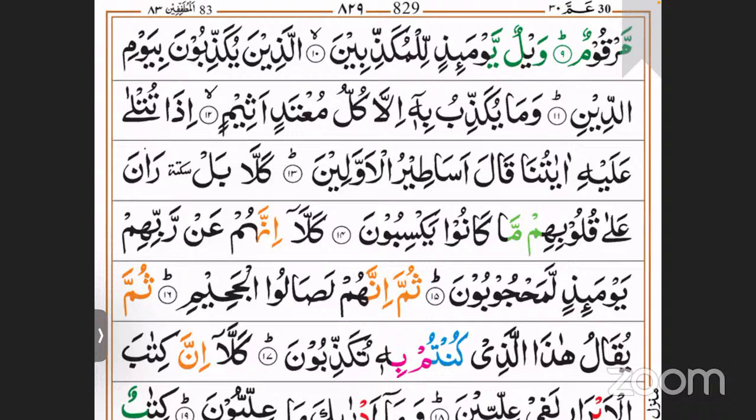Alladhina yukadhdhibuna biyawmid-din. Wa ma yukadhdhibu bihi illa kullu mu'tadin athim. Idha tutla alayhi ayatuna qala asatirul awwalin. Kalla bal rana ala qulubihim ma kanu.